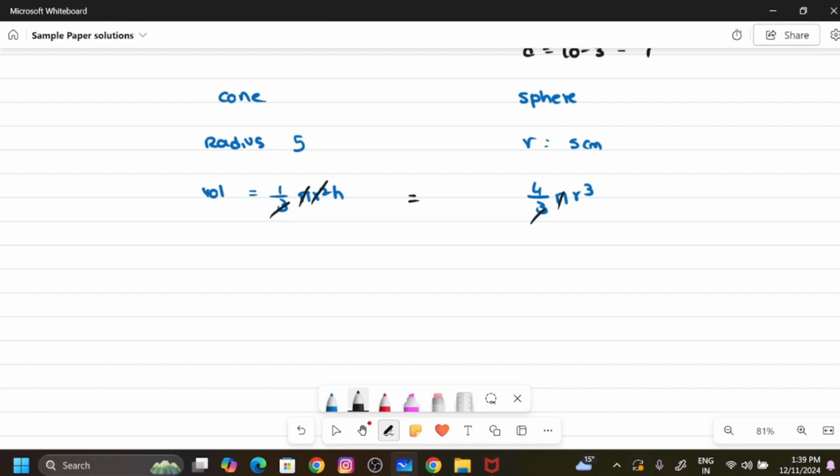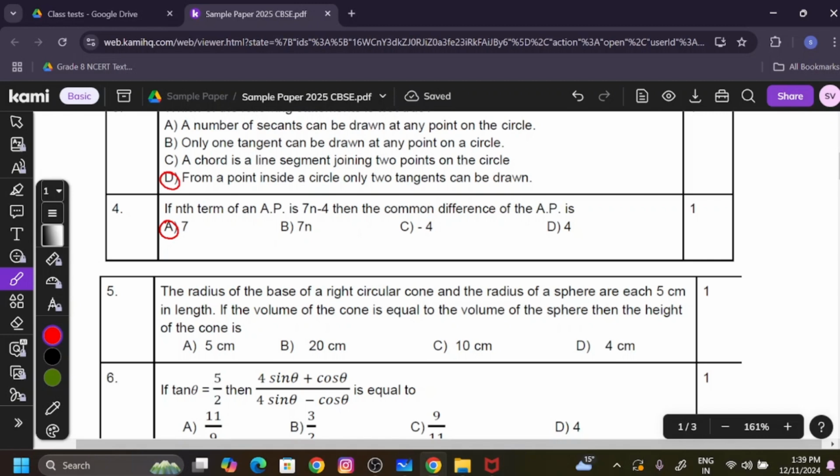Then h is equal to 4 times r. We have radius as 5 centimeters, so height of the cone will be 20 centimeters. You need to remember the volume of a cone, formula 1 by 3 pi r square h, and for sphere it is 4 by 3 pi r cube. So our answer is option B, 20 centimeters. Go for the next one.